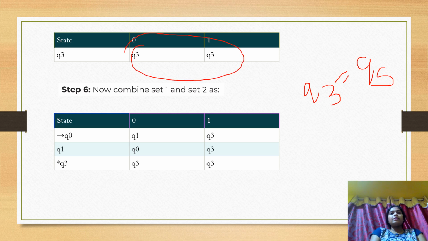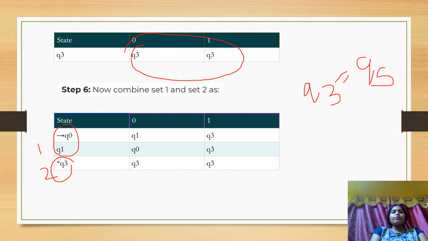Next we'll combine set 1 and set 2. Set 1 had Q0 and Q1, and set 2 had Q3. So these are the values for 0 and 1. Q0 is termed the initial state because of the arrow mark, and Q3 is termed the final state because of the star symbol.